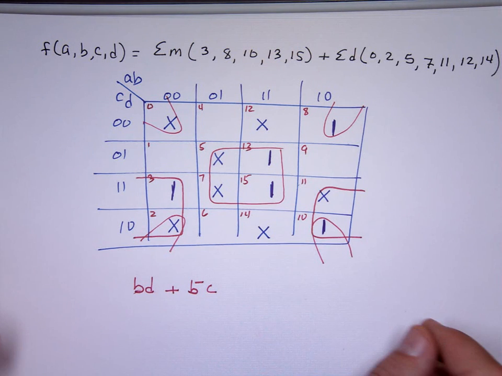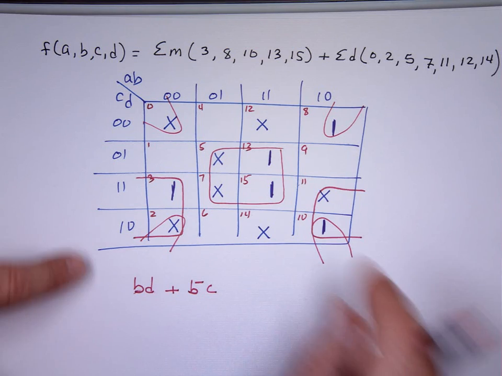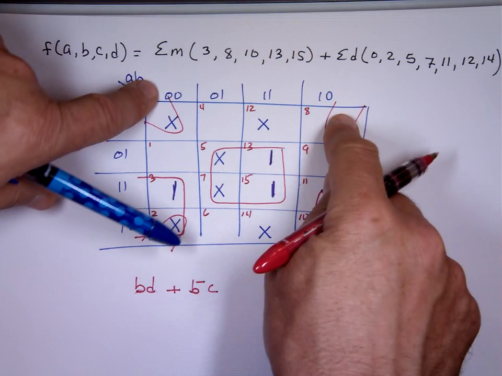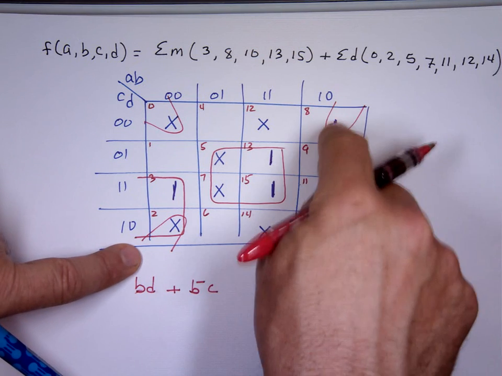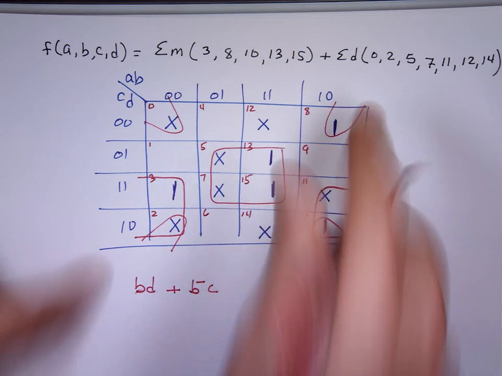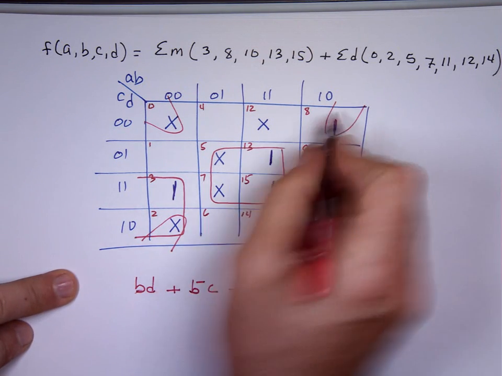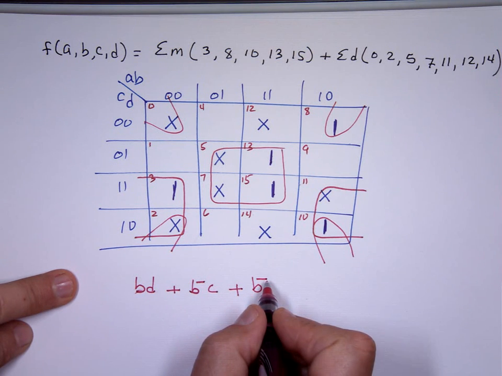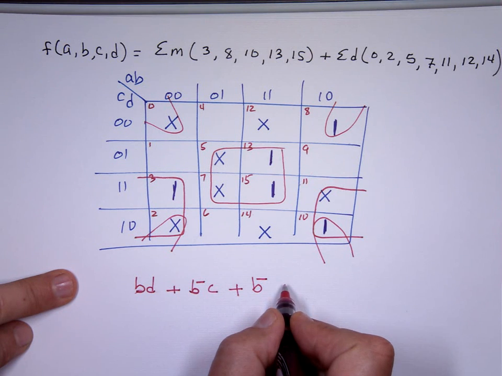Well, 4 is better than 2, right? So I can do the corners like this. This with this. That's 4 corners. That covers that one and takes care of that one. That's B bar. Is it D bar? Yep.